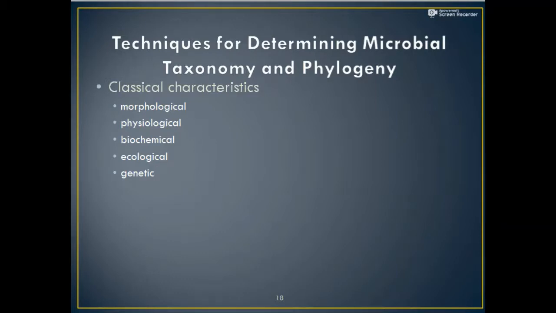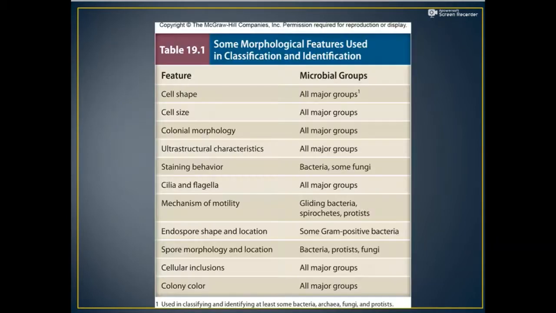There are lots of characteristics. Then the ecological characteristics: how it lives, where it lives, and its environment. Then the genetic characteristics: does it have a plasmid, and the genetic elements associated with it. All these characteristics come into the classical characteristics.